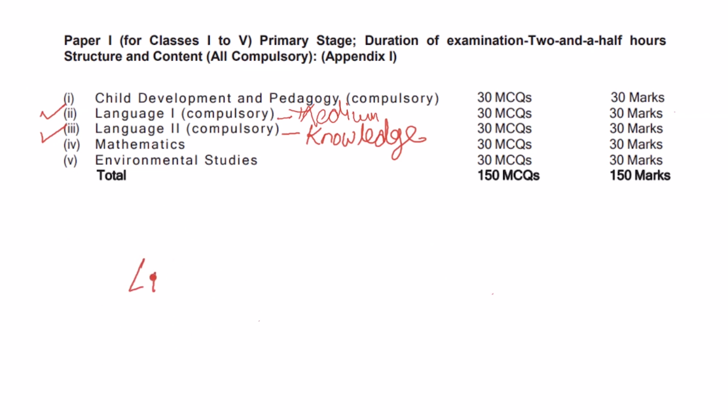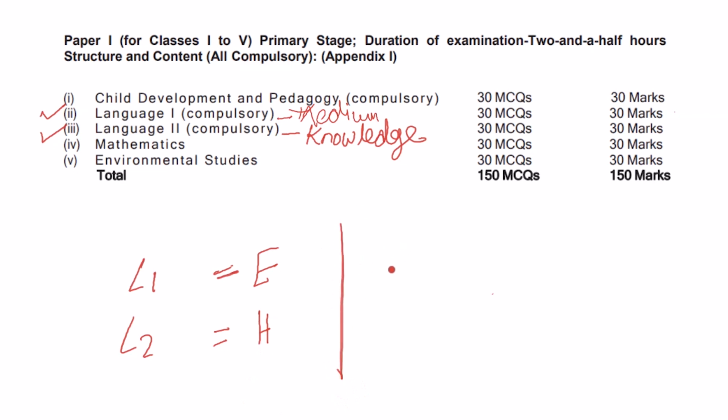Language 1 should be the language in which you are proficient. For example, I come from an English medium school, I've studied in English medium, so my language 1 would be English and my language 2 would be Hindi, because that's my second language.